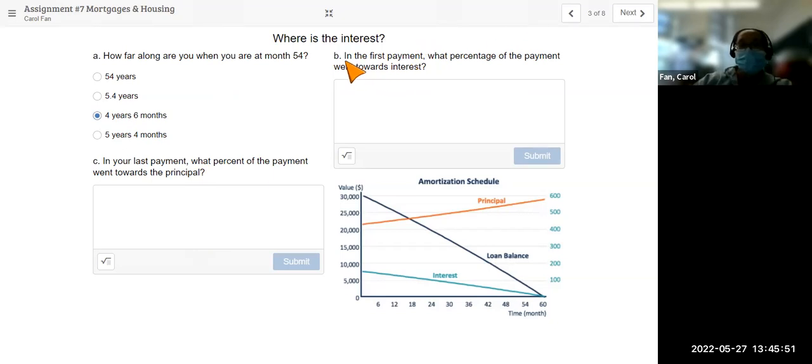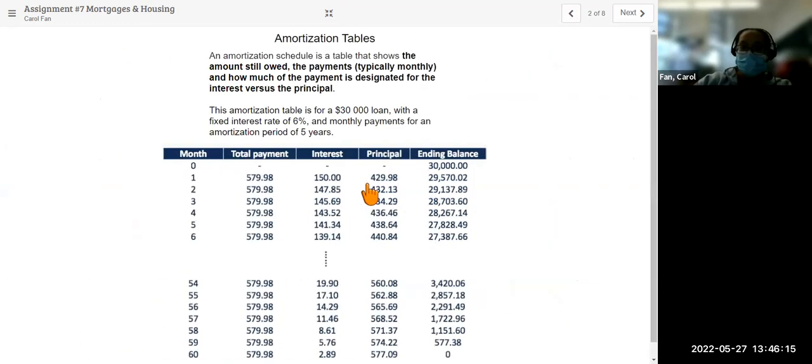Okay, let's look at the chart again. In the first payment, what percentage of the payment went towards interest? Now, let's recall, for us to get our percentage, we take the part, divide it by the whole, and multiply it by 100. So let's compare in our first month.